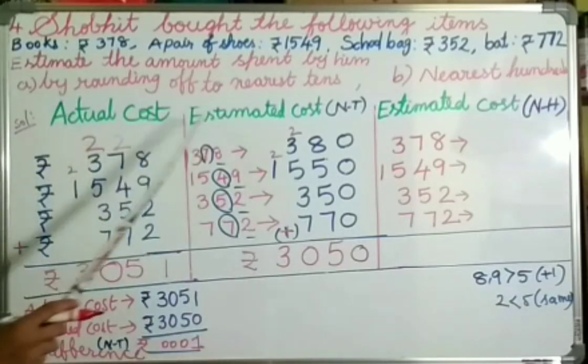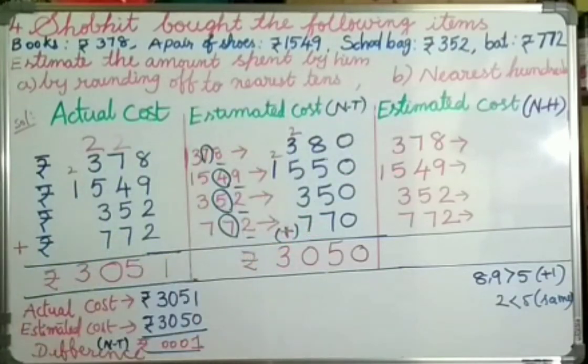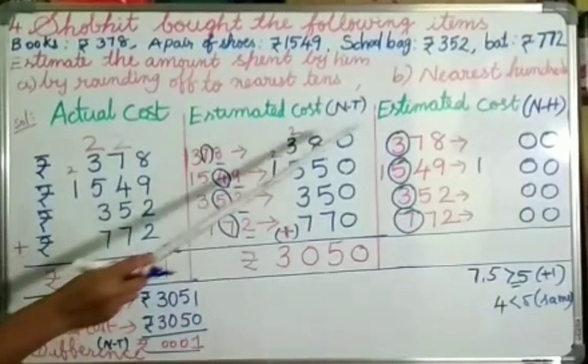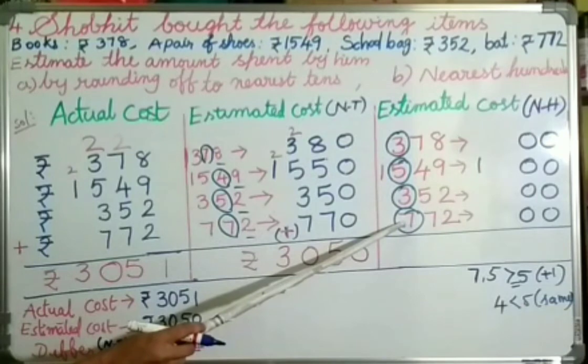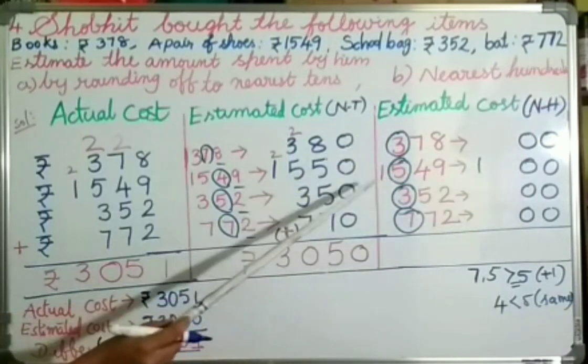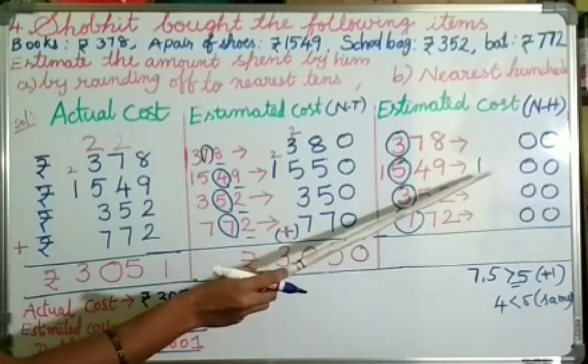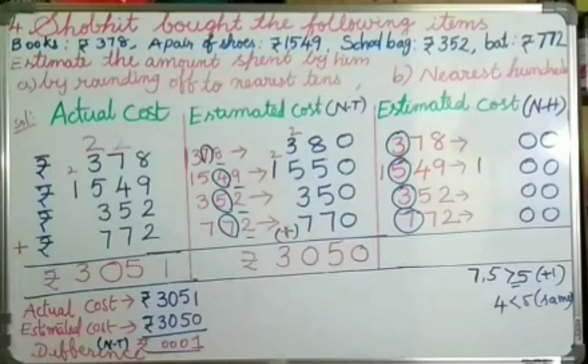Now we have to find the estimated cost to the nearest hundreds. Nearest hundreds means you circle the hundreds place digit, write zeros for the remaining digits on the right side, and observe the digit after the circled digit.